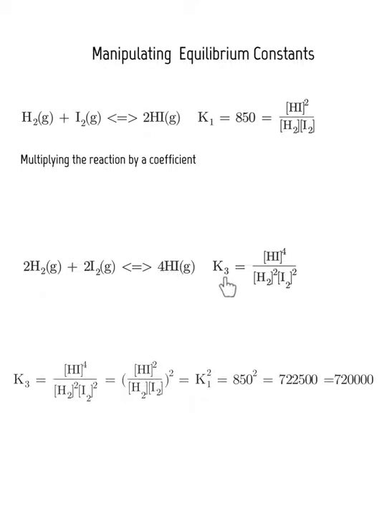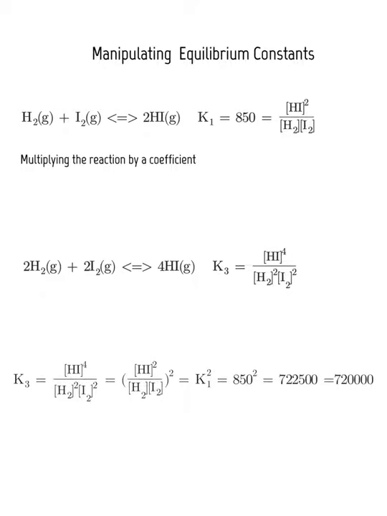We're going to generate a new equilibrium constant, K3, and K3 is HI raised to the power 4 because we've got 4 molecules of hydrogen iodide gas, hydrogen raised to the power 2, iodine raised to the power 2, because we've got 2 molecules of hydrogen gas and 2 molecules of iodine gas.